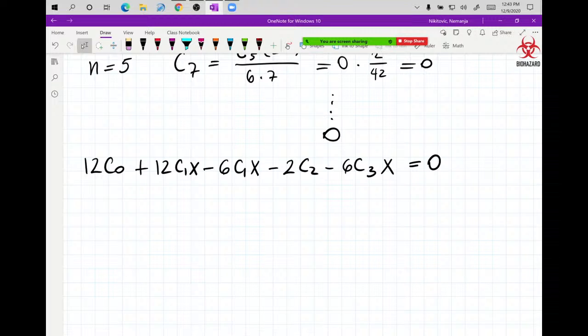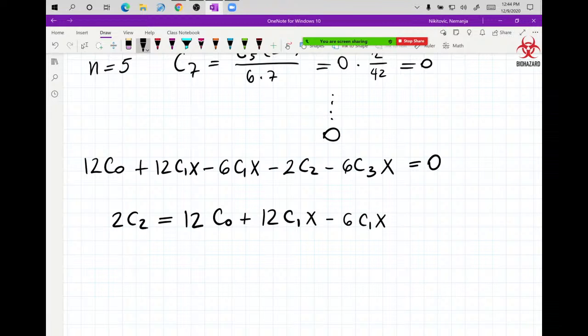Okay, so solve this for negative C2. When you bring it to the other side, it becomes positive, equal to 12C0 plus 12C1x minus 6C1x minus 6C3x. There we go. Divide everywhere by 2.